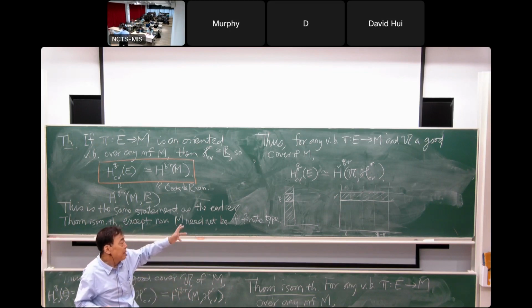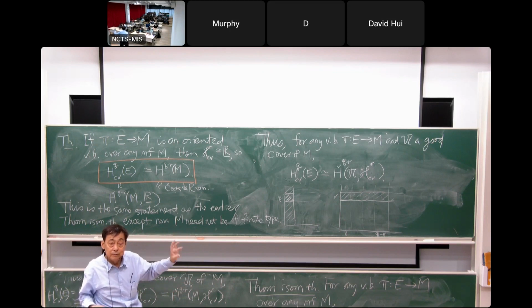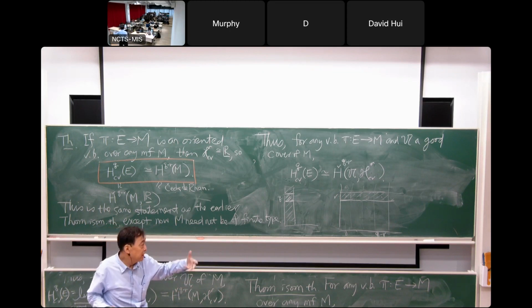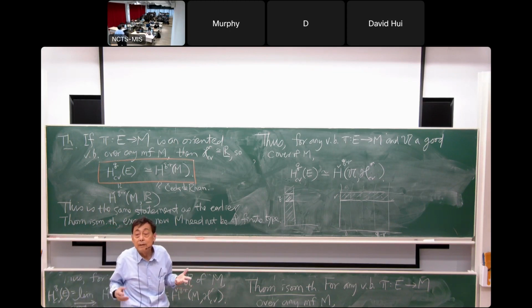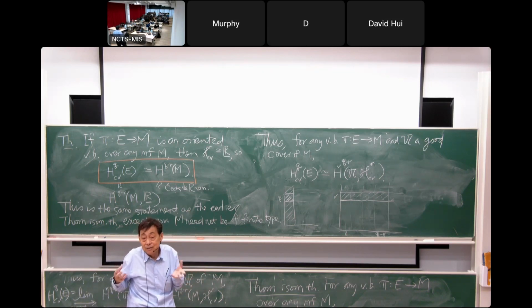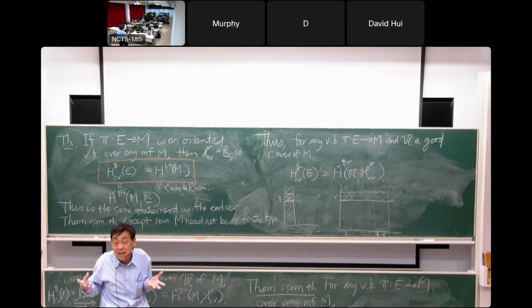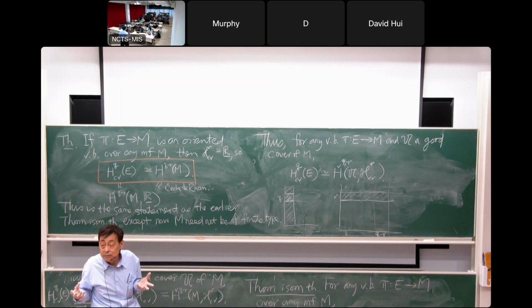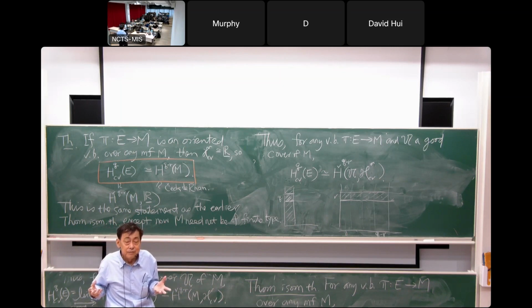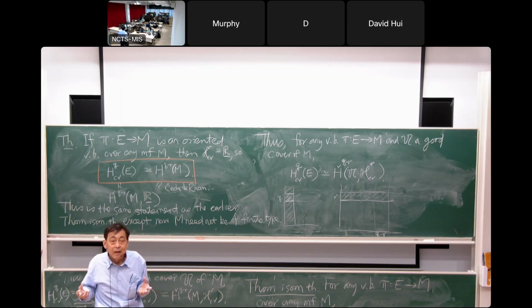Then if it so happens that H_D has only one non-zero row or one non-zero column, then we have some theorems, but in general, H_D or H_delta will not have just one non-zero row or non-zero column. And so this new technique is a generalization called spectral sequences.